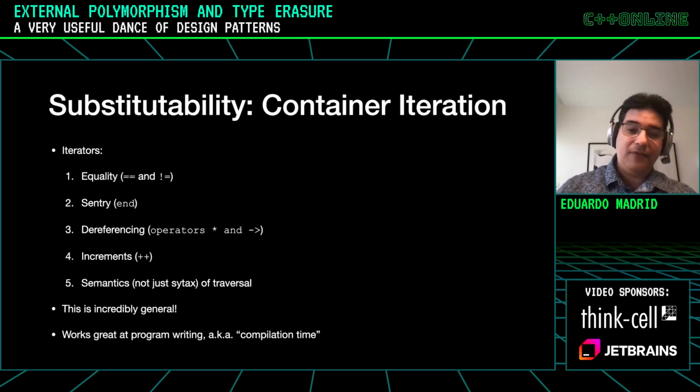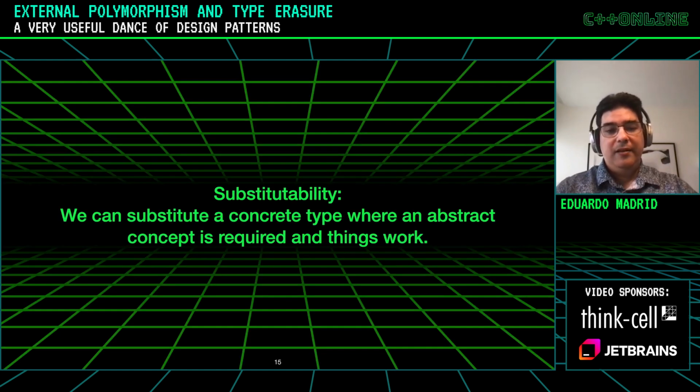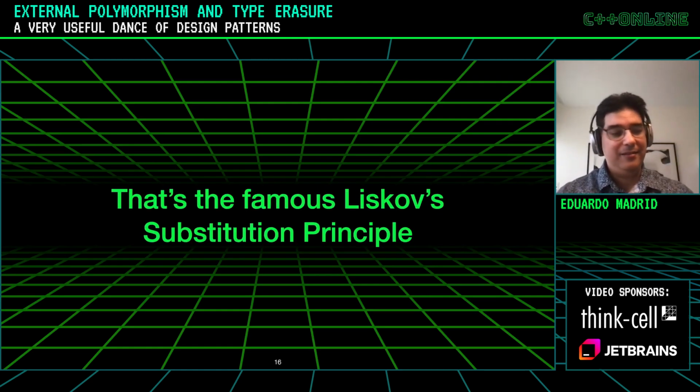And you also have compilation time substitutability. So what is the essence of substitutability? That we can substitute a concrete type where an abstract concept is required and things just work. And this is the very famous Liskov substitution principle from Barbara Liskov at UCLA and so on.